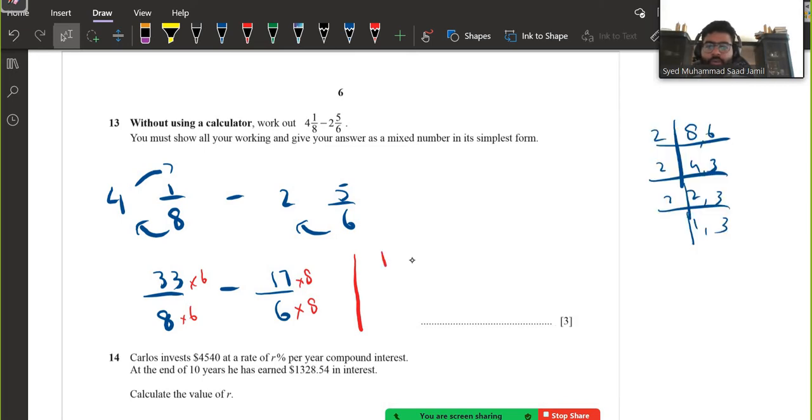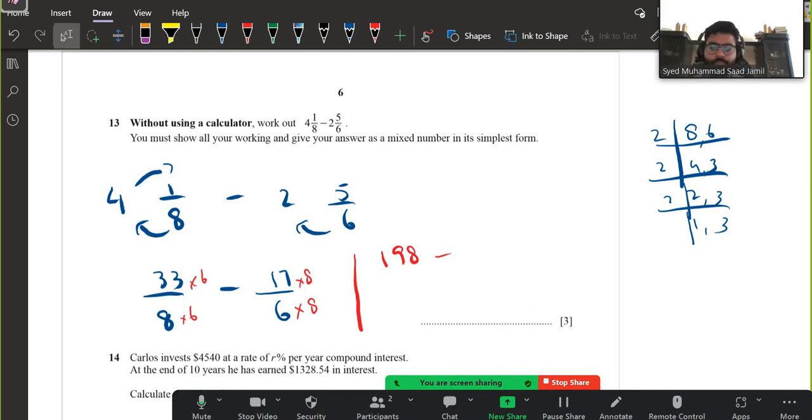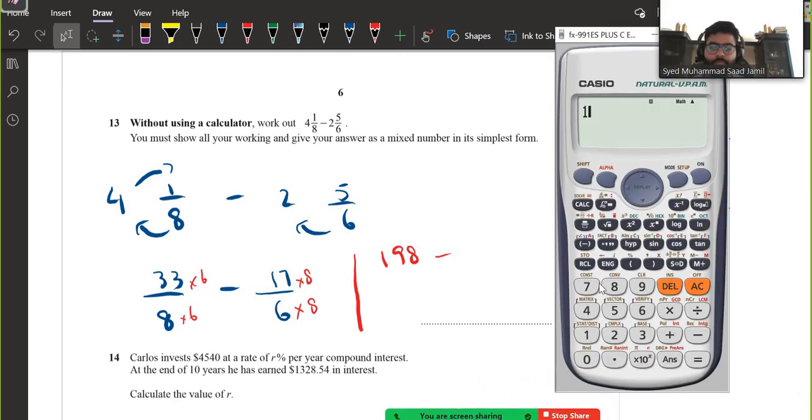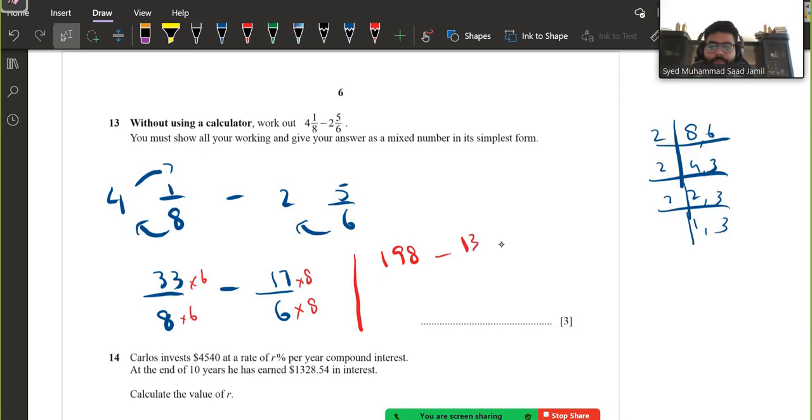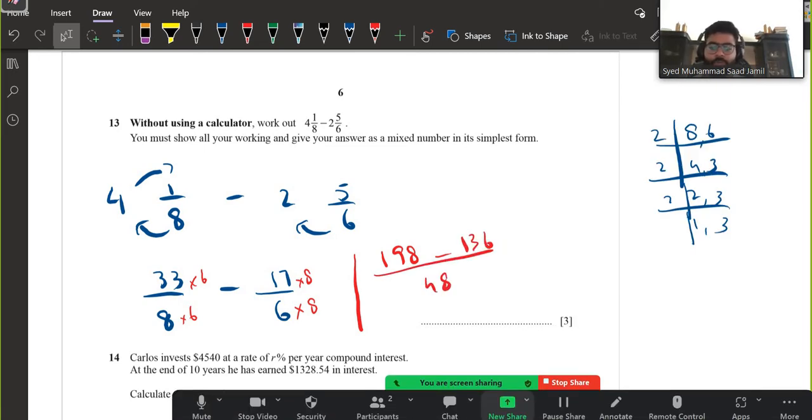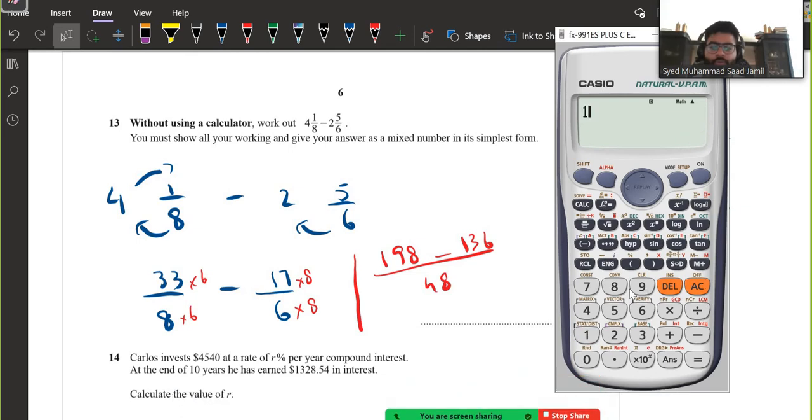So that's 198 minus 17 multiplied by 8, 136, upon 48. 198 minus 136 is 62 upon 48.